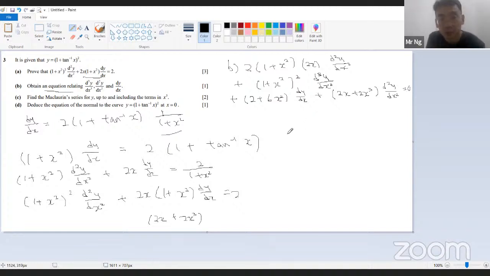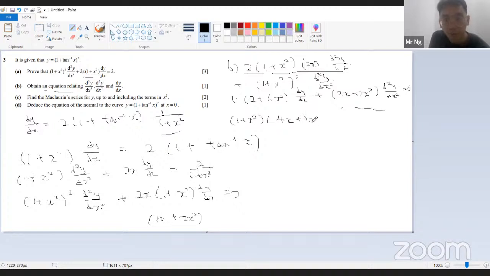Okay, so do I have to simplify? Maybe, because looking at here and looking at here. Okay, so equals 1 plus x squared. Then after that, here is 4x. Then after that, here is 2x.